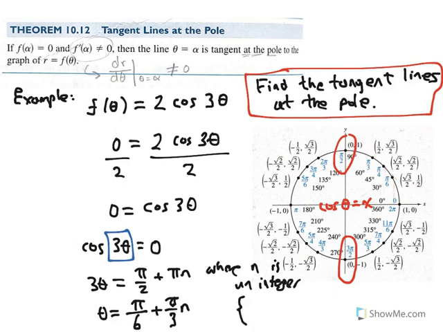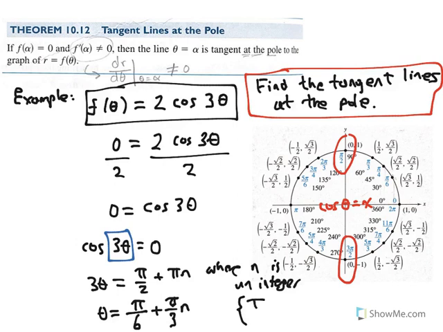And then you're going to list the angles on a particular interval for theta, and the graph of this polar equation is a rose curve. And the 3 petals of the rose curve would be traced on the interval from theta is equal to 0 to theta is equal to pi. So you only need to list the angles between 0 and pi that will give you points at the pole.